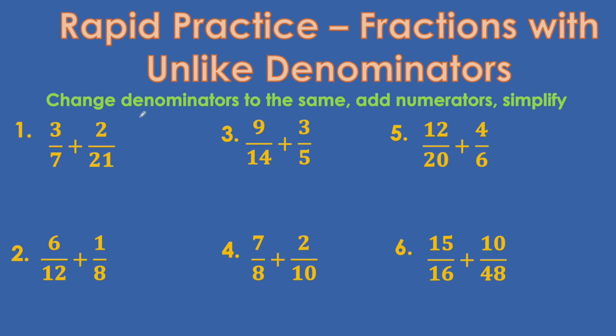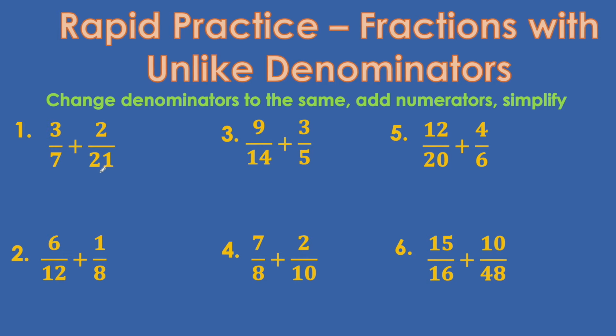As a reminder, we want to follow these 3 steps: change denominators so that they're the same number, add the numerators, then simplify. Looking at our first example, we have 7 for the first denominator and 21 for the second one.